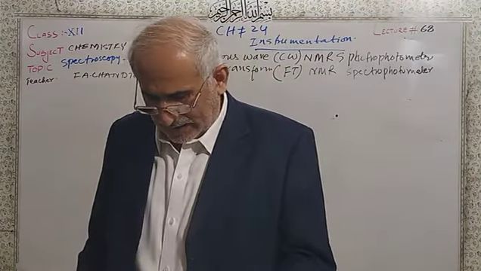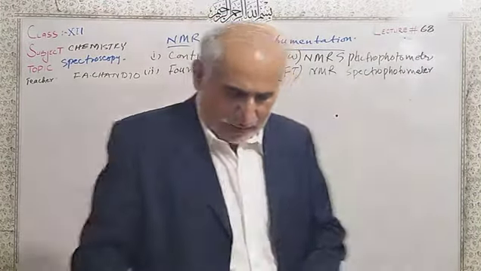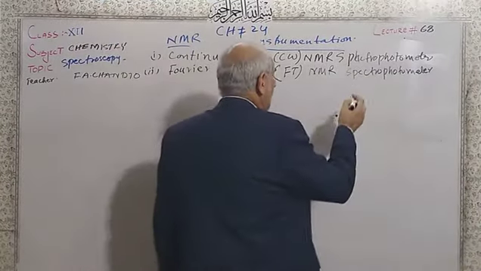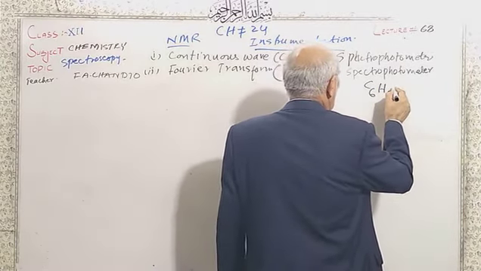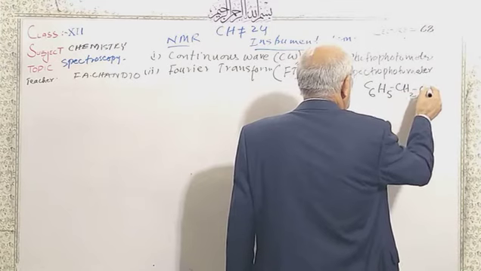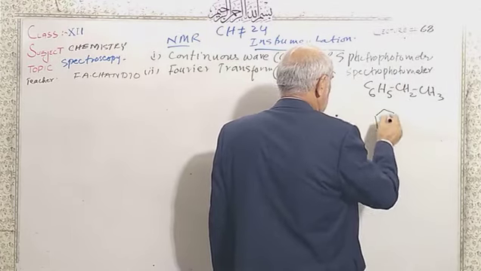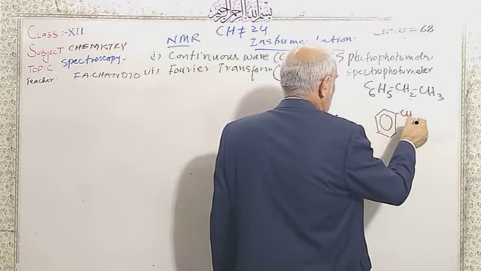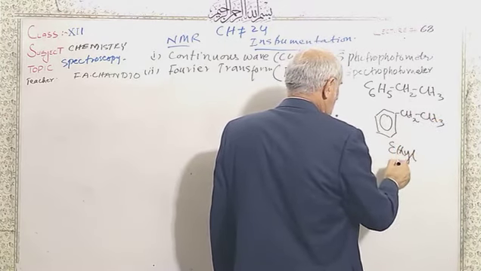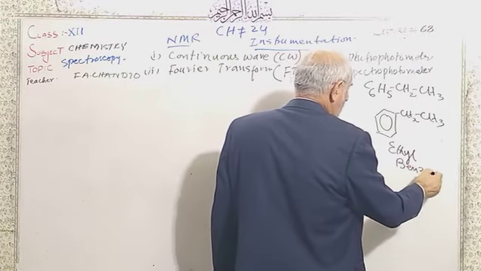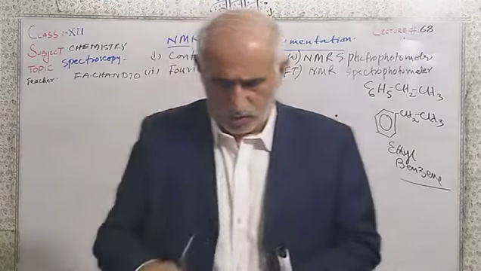So dear students, there is an example: ethyl benzene, C6H5CH2CH3.